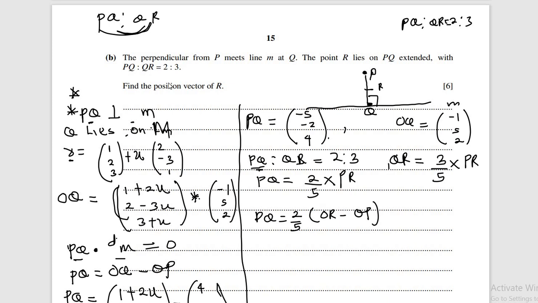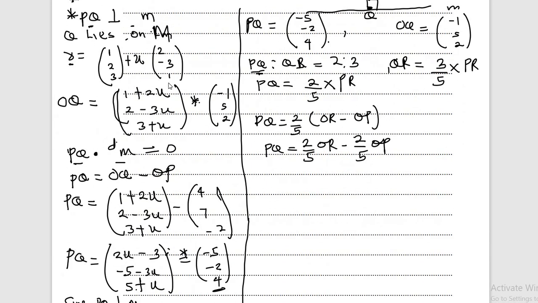From here we have PQ equal to 2 over 5 OR minus 2 over 5 OP. So we are looking for OR, which is vector R.